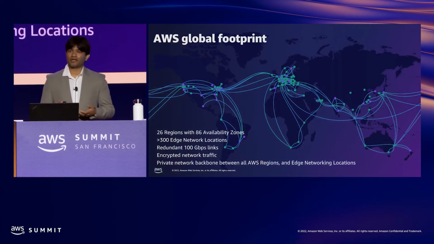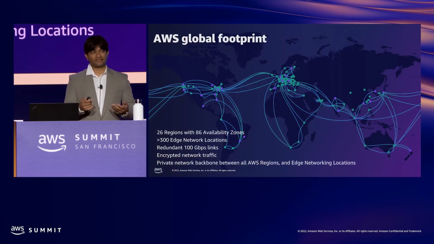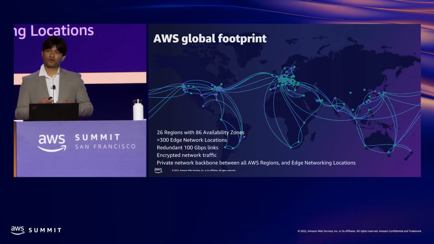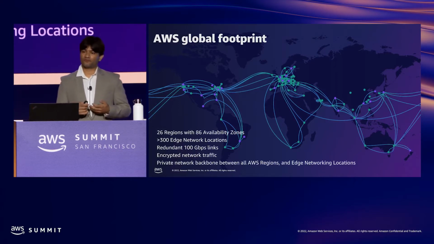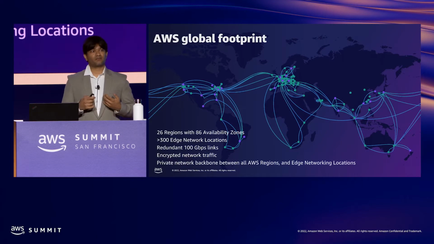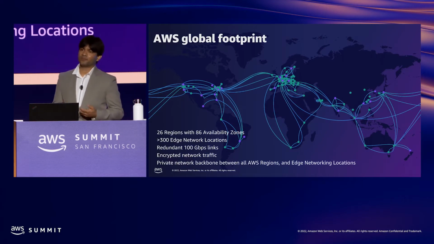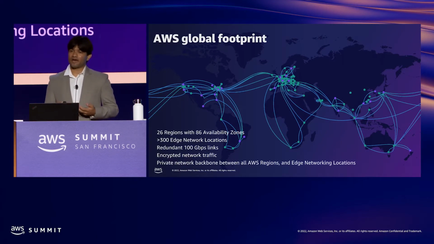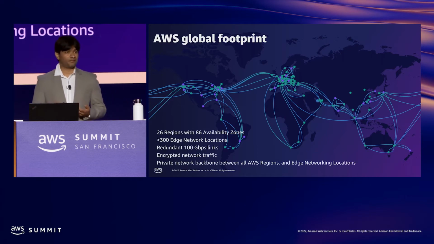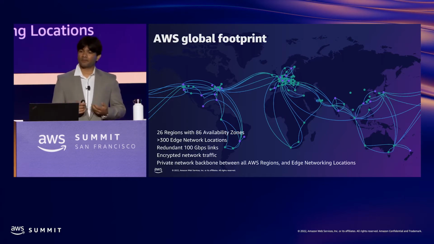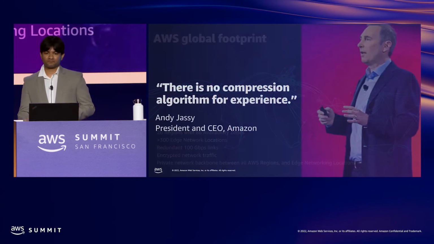From an Edge services standpoint, CloudFront now has more than 300 Edge locations across 47 countries. We are growing at a very aggressive rate, and all these POPs are hosted on the AWS Backbone, which is privately managed by AWS. This provides better network quality and isolation from internet issues.